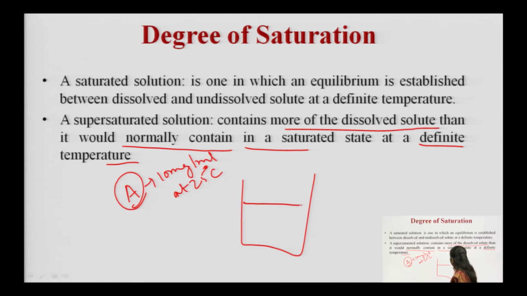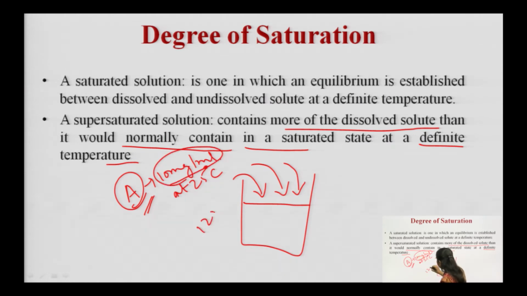Now, what happens in this solution? The amount of A will be more than this 10 mg, it will be, suppose, 12 mg per ml, or it may be 13 mg per ml. Likewise, the amount of solute A will be more than its saturated concentration.